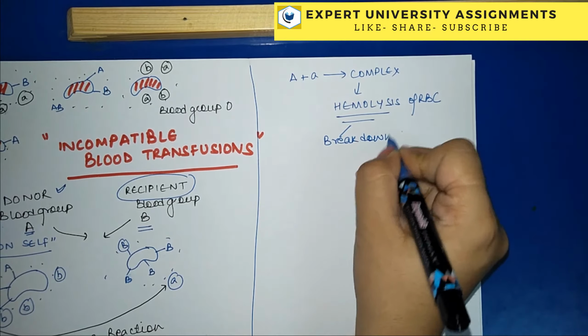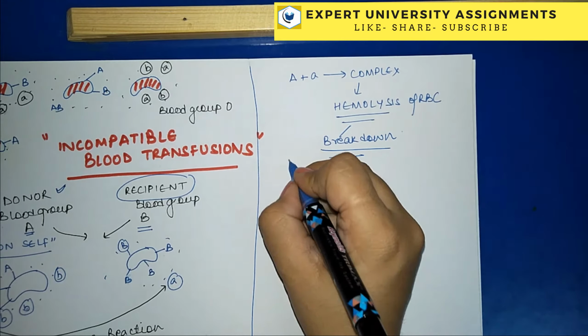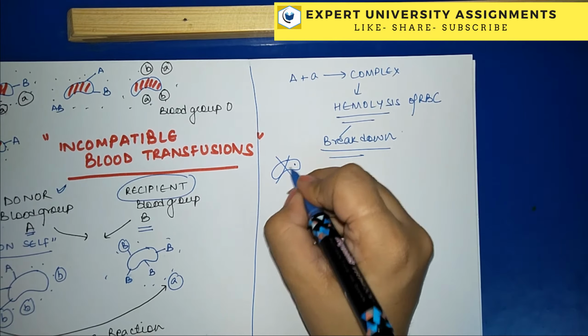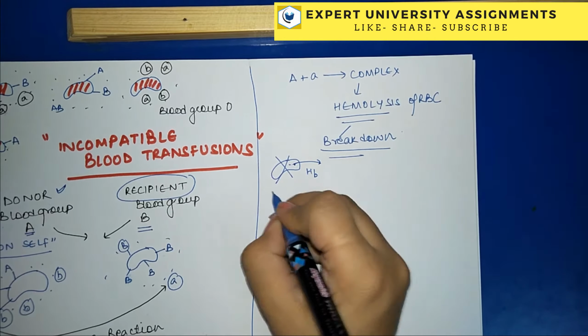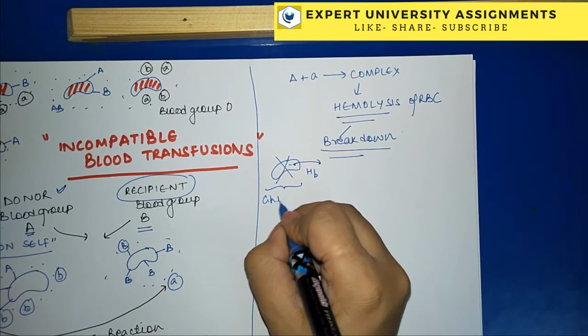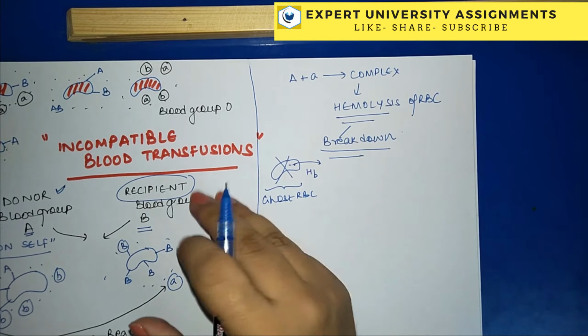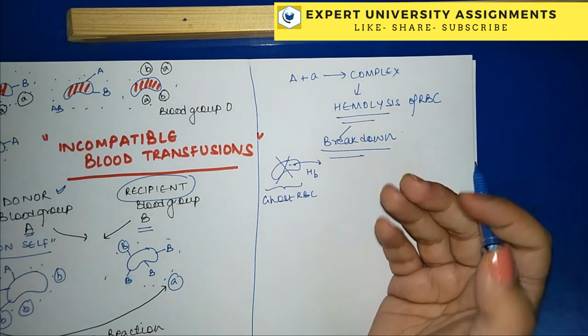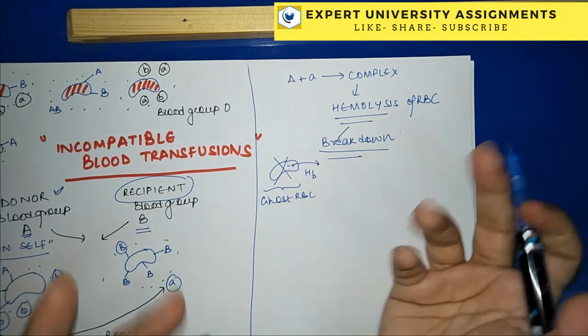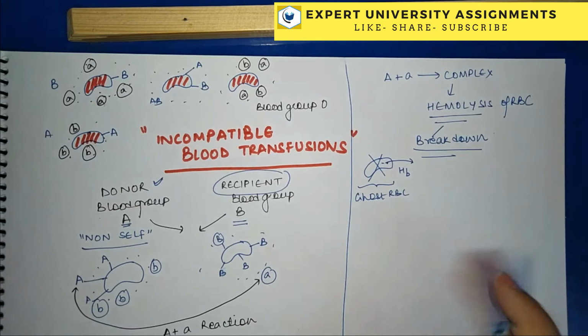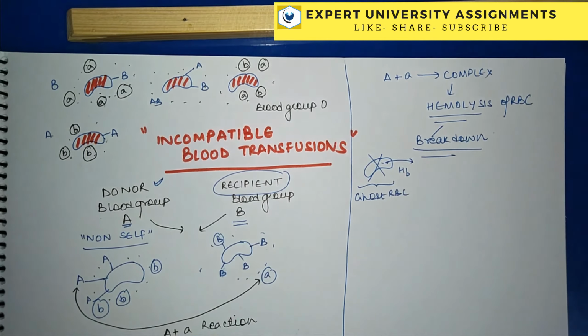In case of breaking down of RBC, the red blood cells are hemolyzed and the hemoglobin moves out, leaving this to be a ghost RBC. And this is of no use obviously, because the hemoglobin will be out of the body, then no hemoglobin would be there and it won't function like the normal RBC. So that is the case of an incompatible blood transfusion.